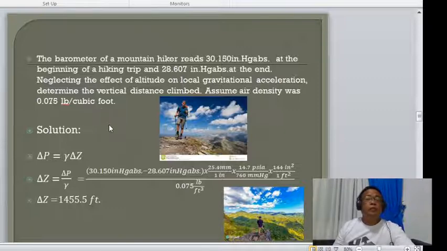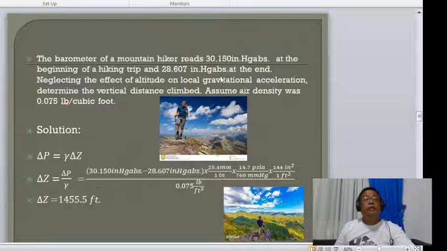Okay. Solution. So the change in pressure, delta P, is equal to the unit weight of the fluid multiplied by the change in elevation. Rearranging the equation, we have delta P divided by the unit weight, which is equal to the change in elevation.